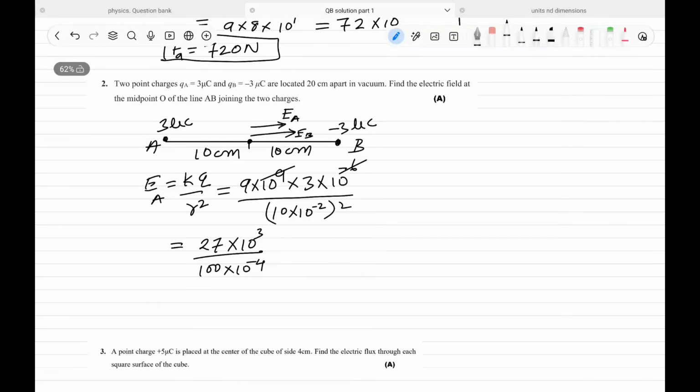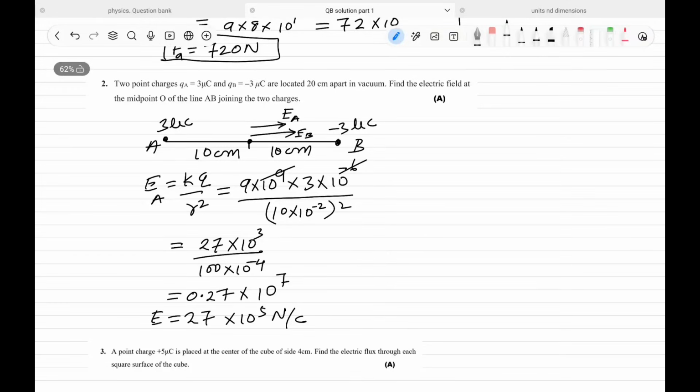Now it will become 0.27 into 10 to the power 7, because 100 divided by 100 becomes 0.27 into 10 to the power 4, 5, 6, 7. Now this much Newton per Coulomb, 27 into 10 to the power 5 Newton per Coulomb.